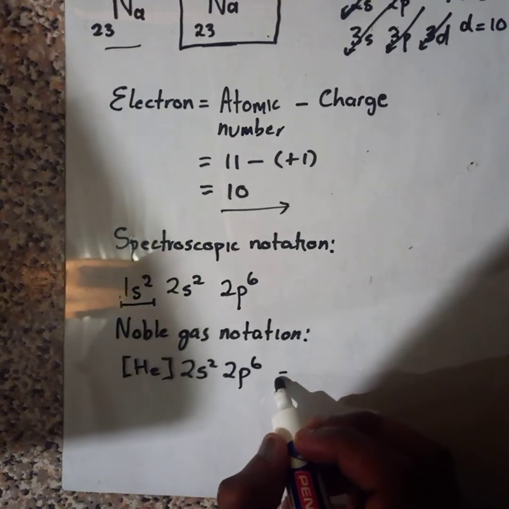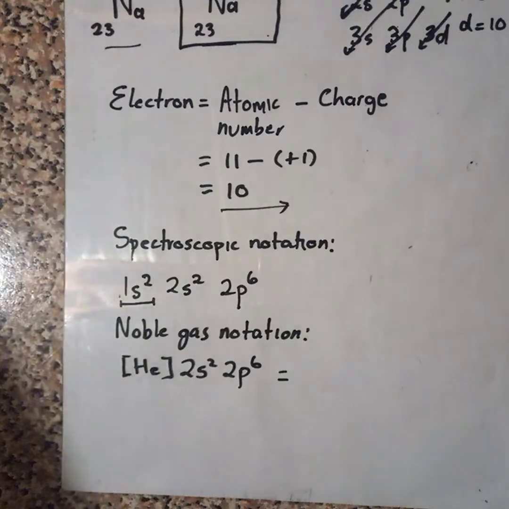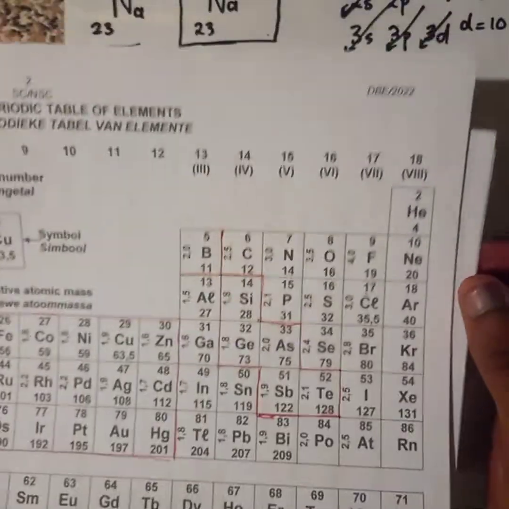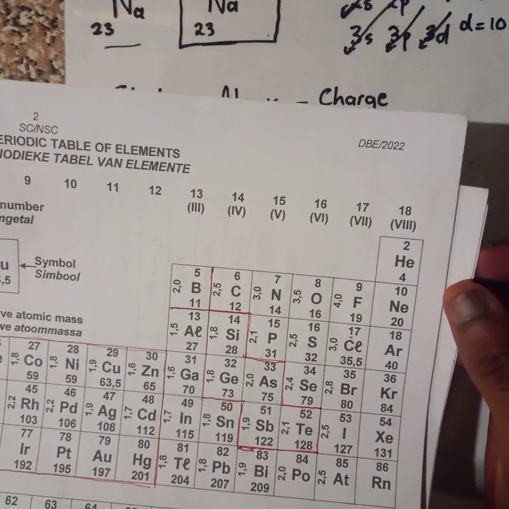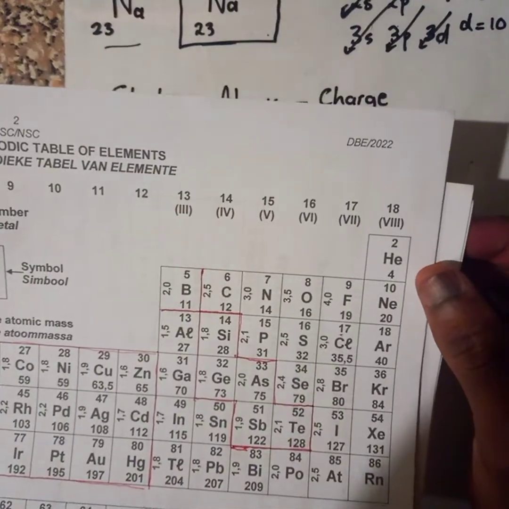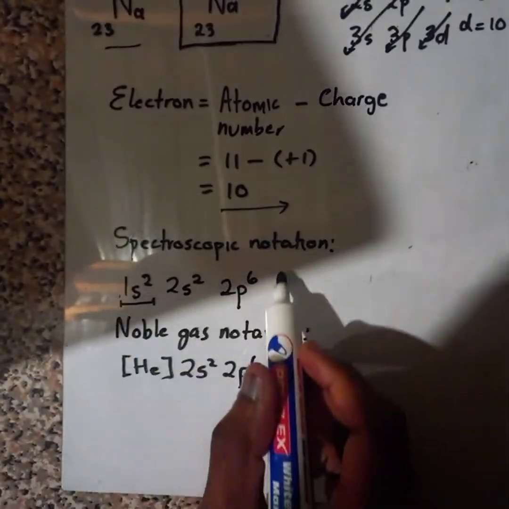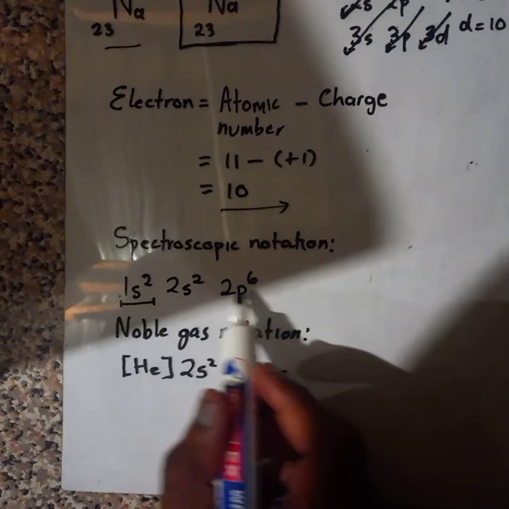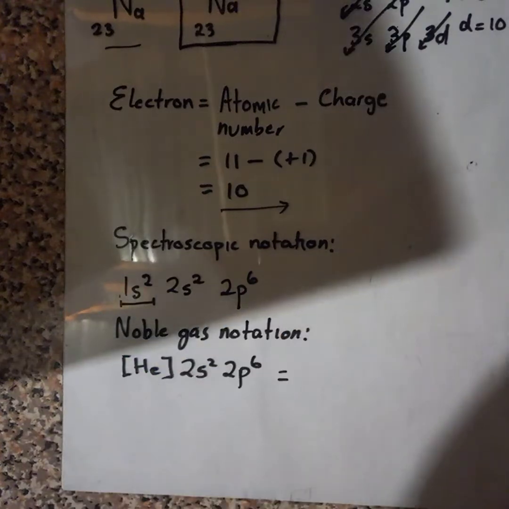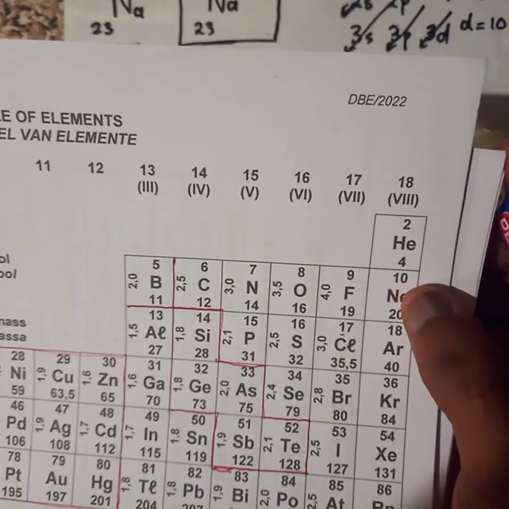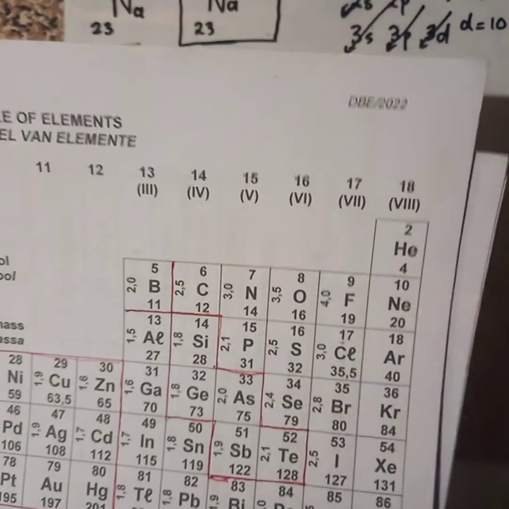But bear in mind that last time we said you must consider the maximum. If we look at this, the maximum that this can have is 10 electrons. And we also have a noble gas that has 10 electrons, which is neon in this case.